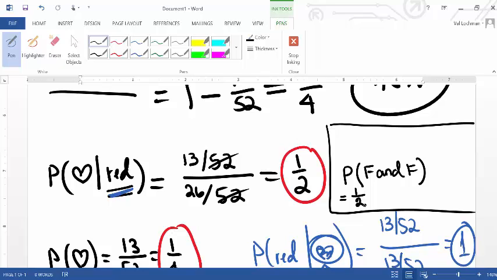So the probability of the second baby being female is still 1/2. The probability does not change. Just because you had one, it doesn't mean that the next one will be a boy. And it works both ways. So the probability that I get 2 girls as my children is 1/4.